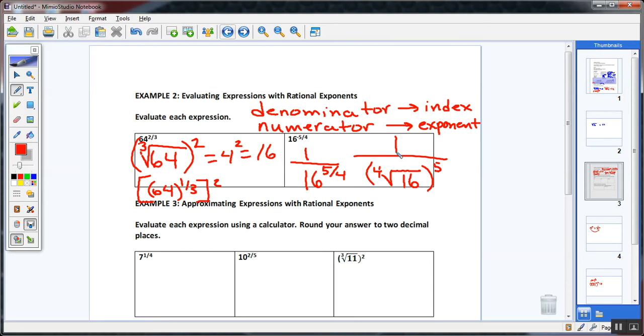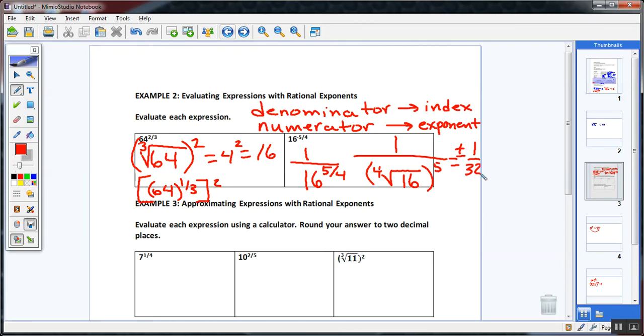In this case, negative 5 power. Not positive 32, but negative. So my answers here potentially are positive 1 over 32 or negative 1 over 32. So in this one here, you're going to get plus or minus 1 over 32.